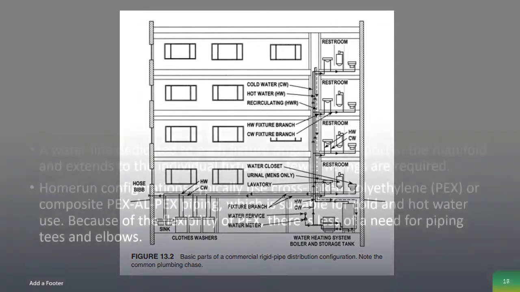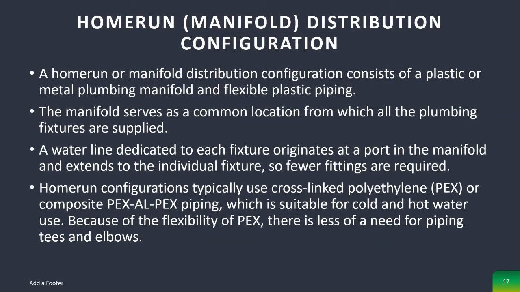Sunod naman, ito naman, pangalawa, home run manifold distribution configuration. A home run or manifold distribution configuration consists of a plastic or metal plumbing manifold and flexible plastic piping. So, kung sa rigid pipe distribution configuration, most pipes is in a straight line.